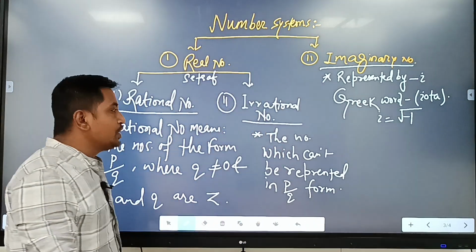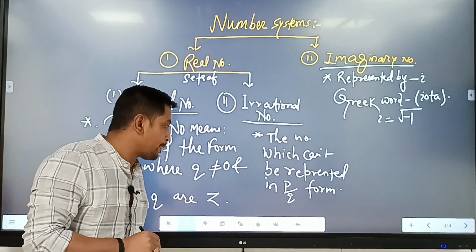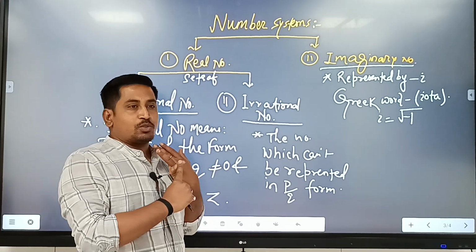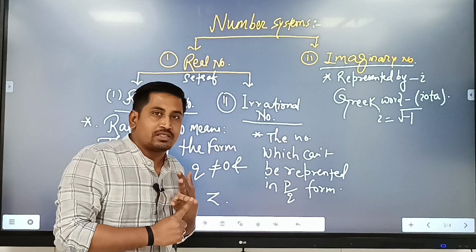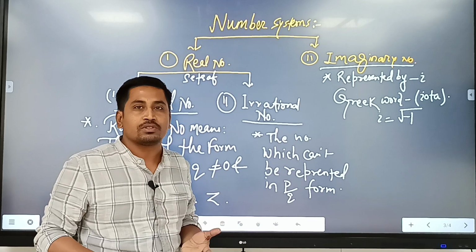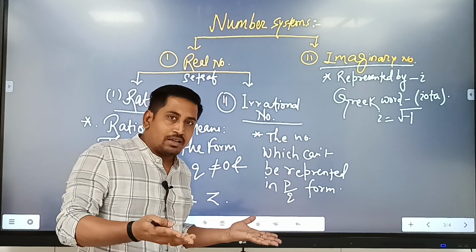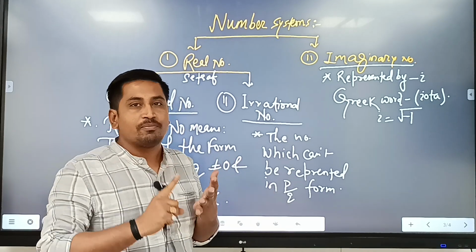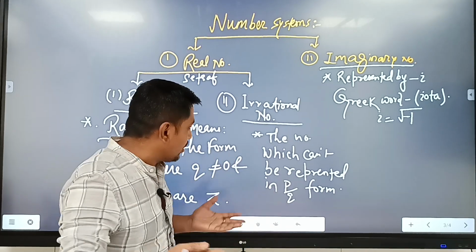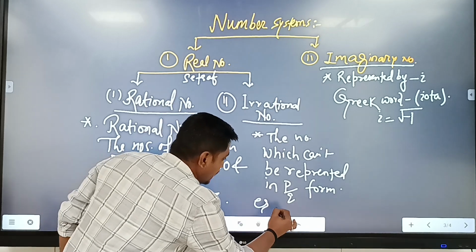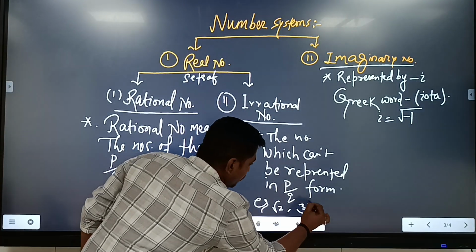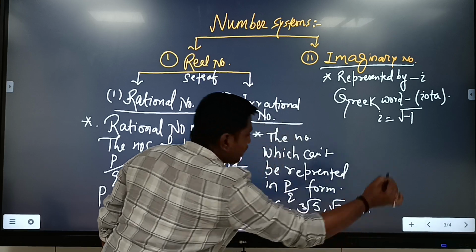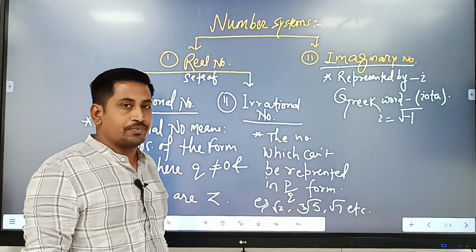Or you can simply say that all the non-perfect square numbers and non-perfect cube numbers, whose square roots and cube roots we take, are the irrational numbers also. For example, we can write root 2, cube root of 5, root 7, etc. So these are the irrational numbers.